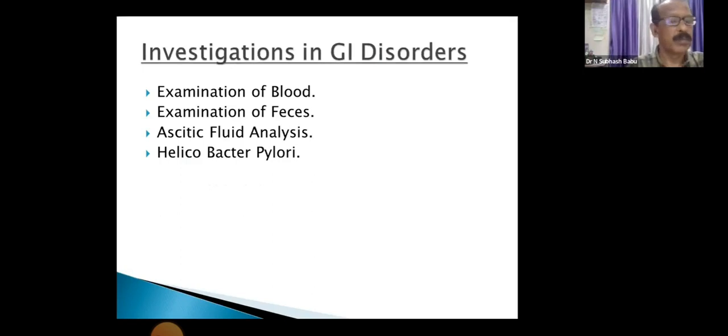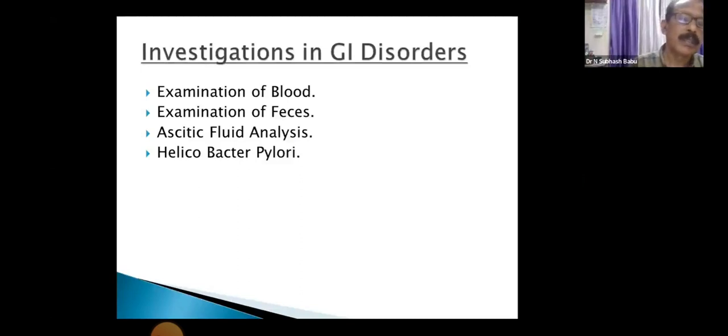Now we can come to the GIT disorders. What are the investigations that we can commonly do in gastrointestinal disorders? Investigations in relation to blood, examination of feces, then ascitic fluid analysis, and special tests like Helicobacter pylori.